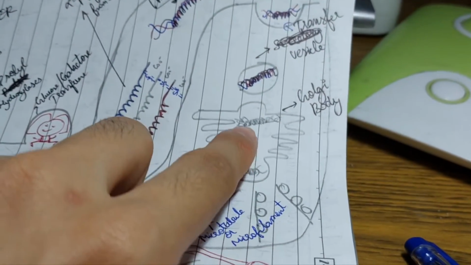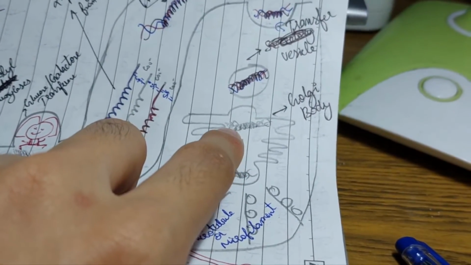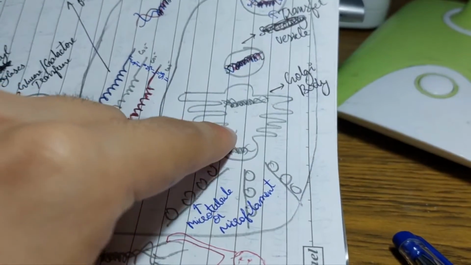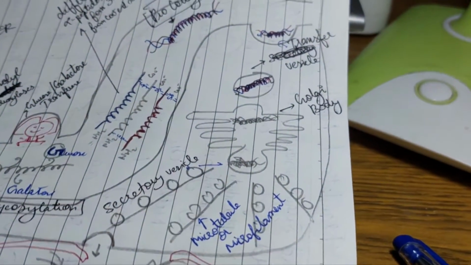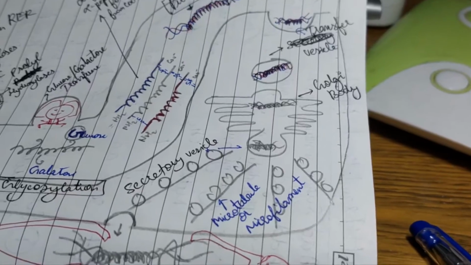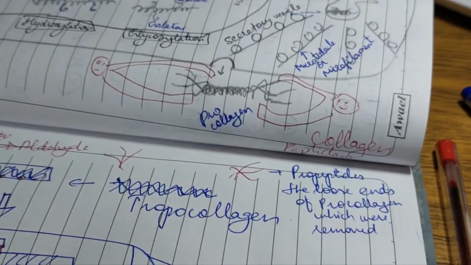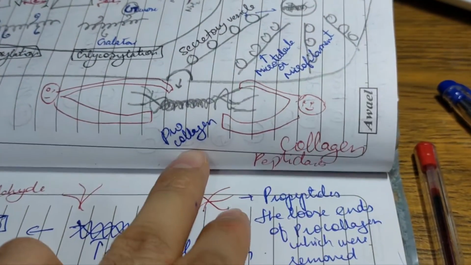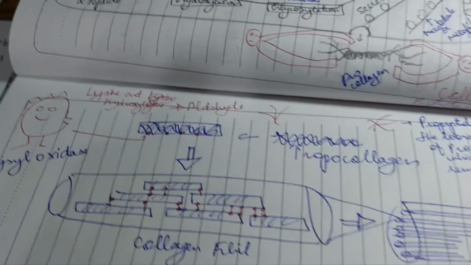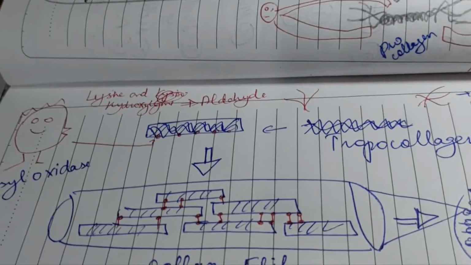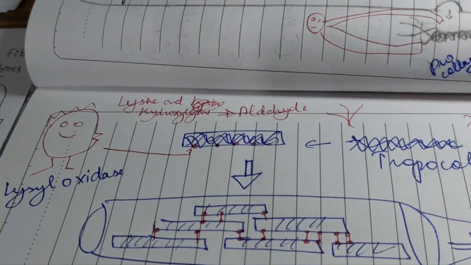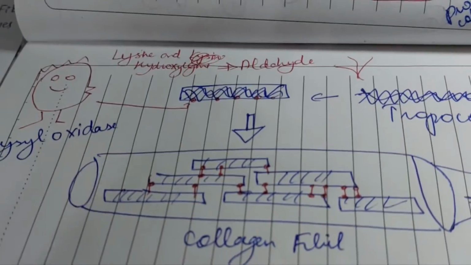The Golgi body will add oligosaccharides to the procollagen, and then the procollagen will be secreted via secretory vesicles, which are transported with the help of microtubule filaments, and once it comes out, it is still procollagen. Collagen peptidase will act on procollagen, separate the propeptides, and form tropocollagen. Then many tropocollagens come together and are strengthened due to hydroxylation of the hydroxylysines and hydroxyprolines.